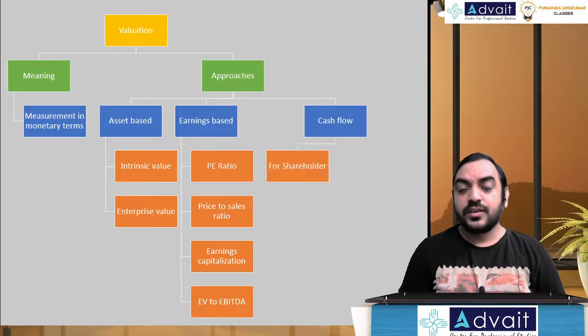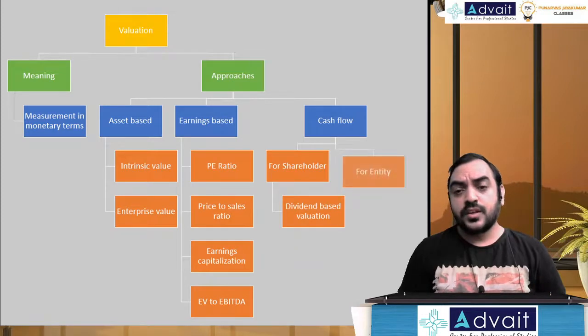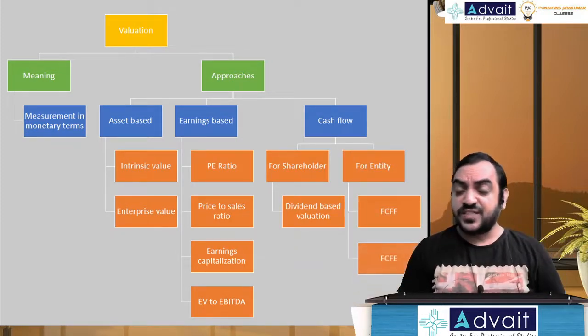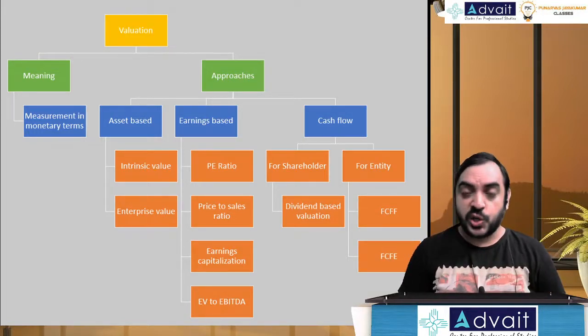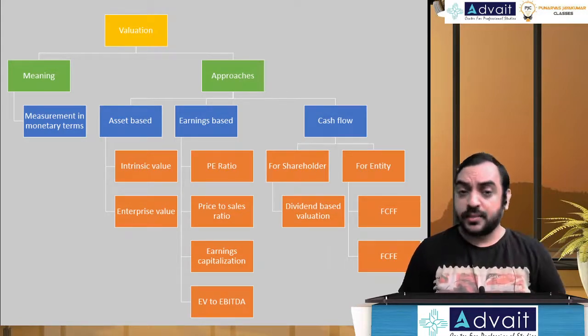Cash flow method. Cash flow from the equity shareholders' point of view method. We have various dividend discount models. Cash flow for the entity method, we have two types, FCFF and FCFE, free cash flow to firm and free cash flow to equity shareholders. This last part is more important as compared to all other methods.